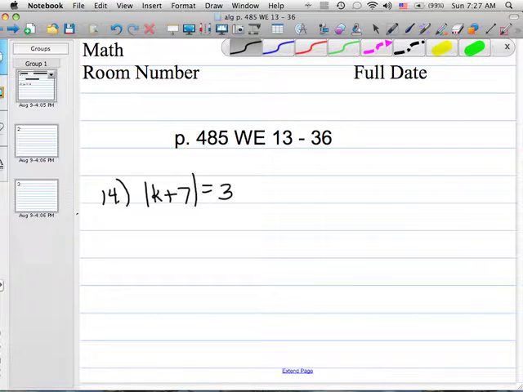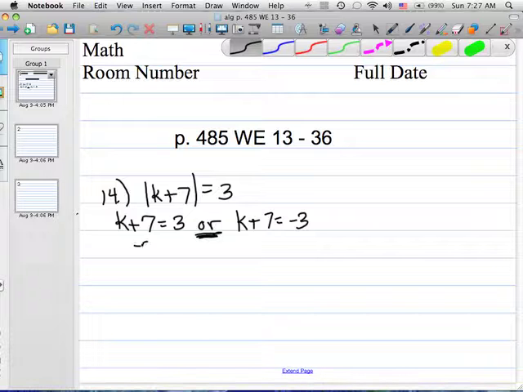Equals is going to be the bull's horns, the 2 dots. So write your compound sentence, k plus 7 could equal 3, or k plus 7 could equal -3. You have to write the compound sentences down, and be sure you put the right word in.